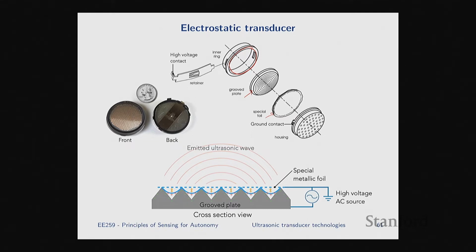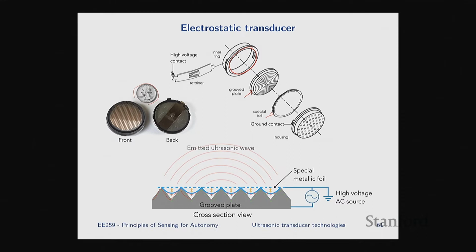Here you get an idea of the size compared to a quarter: these things are an inch or two in diameter. And if you look at the cross section of the groove and the thin foil on top of it, you get these peaks and valleys on top of the grooved plate.